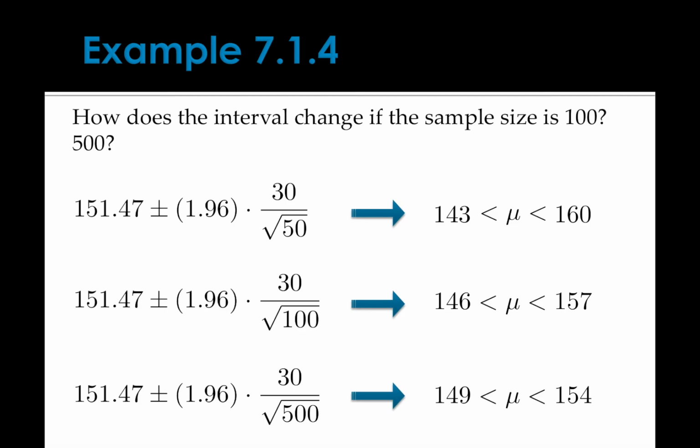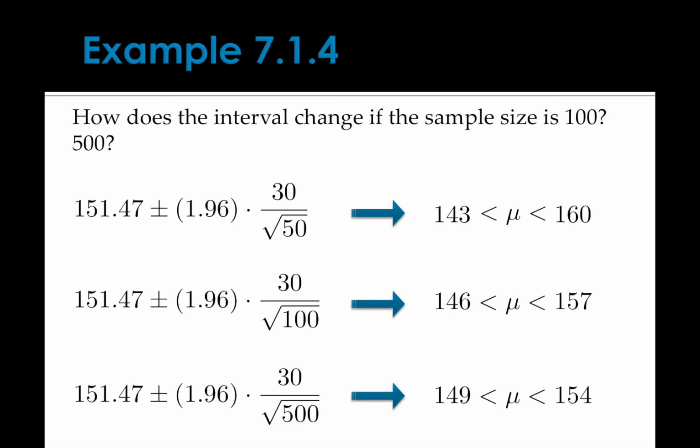All right, so kind of studying what happens as our sample size goes up. In the last example, we found that when our confidence goes up, the interval got wider and wider. Here, when our sample size goes up, the intervals are getting skinnier and skinnier, right? Our original one went from 143 to 160. Okay, so that was a large width.